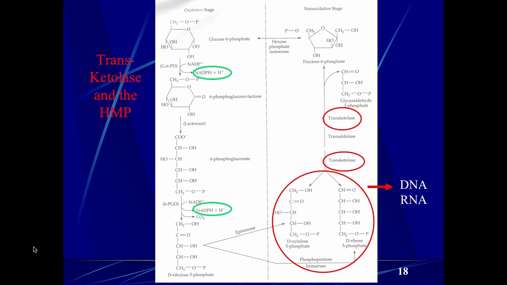If they're not used to make nucleic acids, then what? They can cycle through the previous reactions essentially. So then what are you doing? Well, you're kind of making more of these. And these are important for biosynthetic reactions.